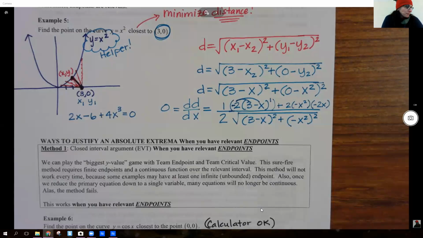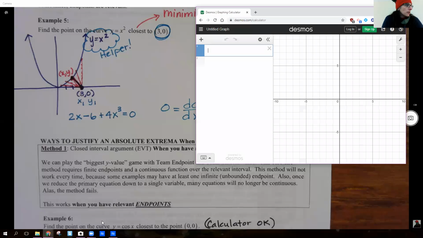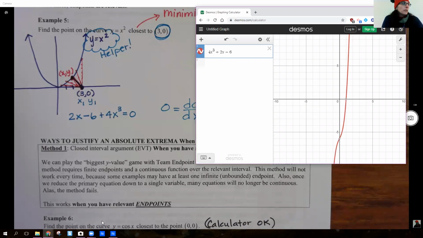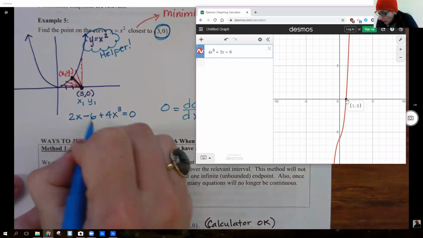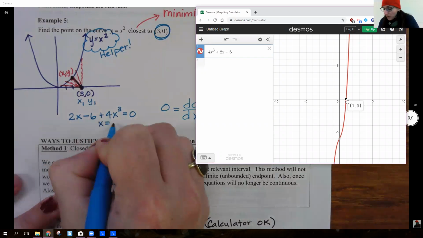So let's just go ahead and we'll get Desmos going here. So 4x cubed plus 2x minus 6. What you're looking for when that's set equal to 0 is its x-intercept, which conveniently is at 1. Never would have guessed that. So x equals 1.